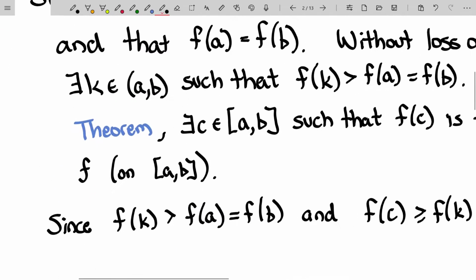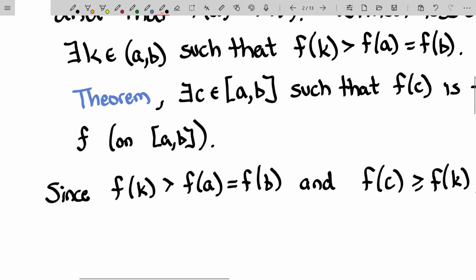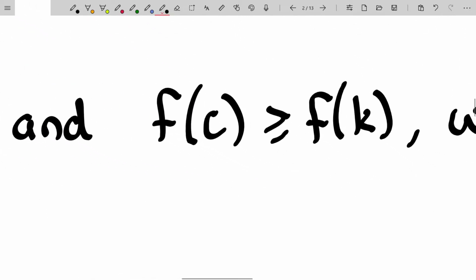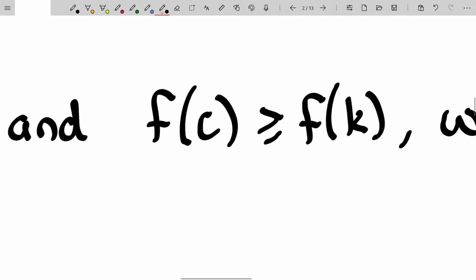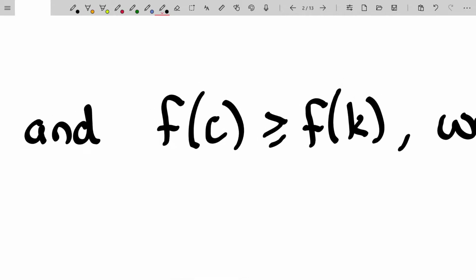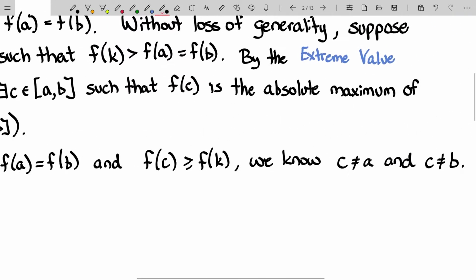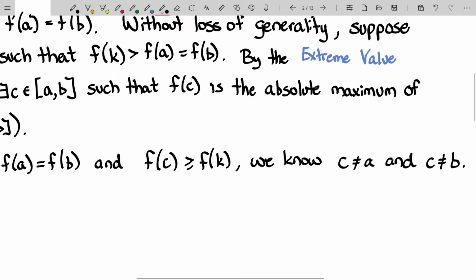So since f of k is above f of a, which is the same thing as f of b, and we know that we have an absolute maximum at f of c by the extreme value theorem, f of c must be greater than or possibly equal to f of k. Well, because of that, we know that c cannot be an endpoint because k is between those two endpoints and c, or the function value at c, is above the function value at k.